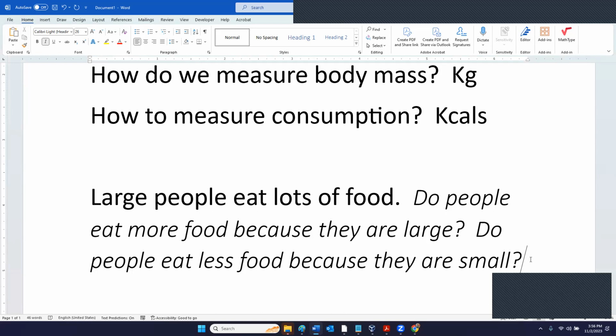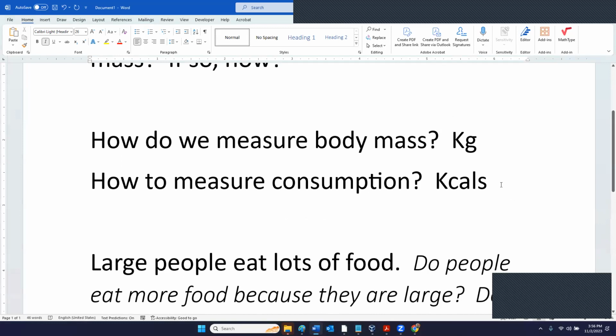So here's the thing. I'm looking at a unit of measure. So when I'm working inputs, I could vary body mass and then observe consumption rates, or I could alter food consumption inputs and measure body mass.